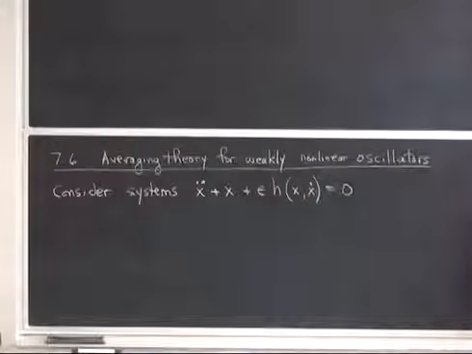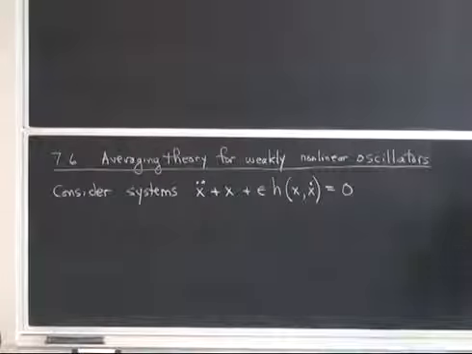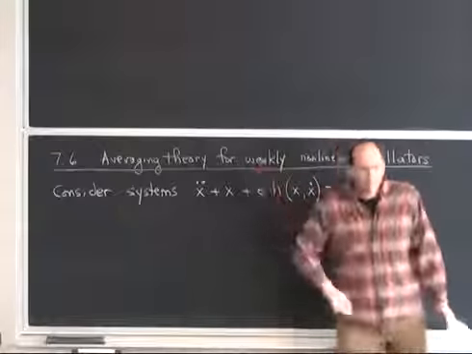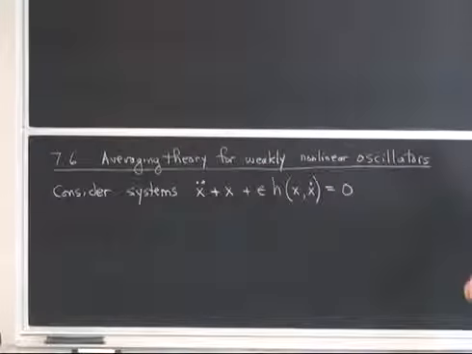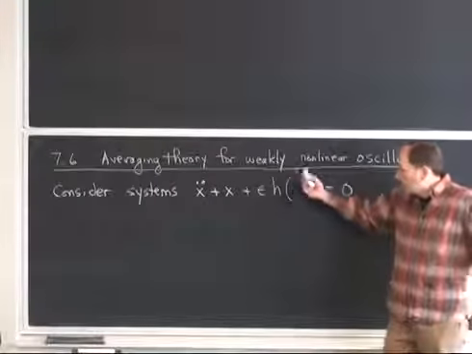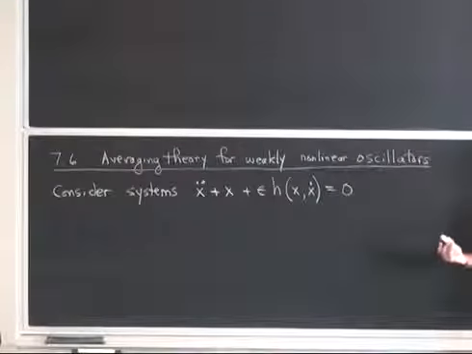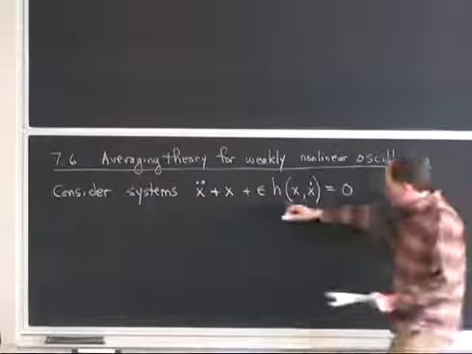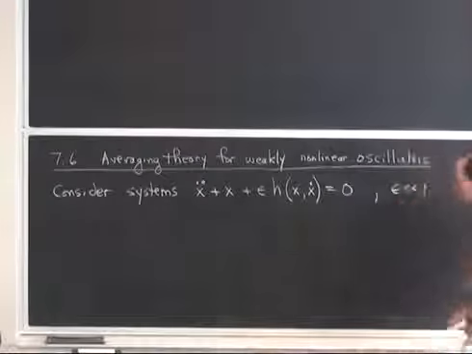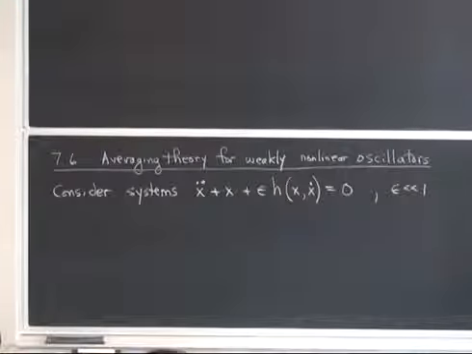So the first two terms look like a simple harmonic oscillator, where we've chosen the time scale to be normalized in such a way that the simple harmonic oscillator on its own would have angular frequency of 1, period 2 pi. But then there's this small correction to it, epsilon times some function of X and X dot. So this includes the van der Pol oscillator as a special case. This epsilon term is supposed to be very small, and this is what we mean by weakly nonlinear. It's a small perturbation of a linear harmonic oscillator.